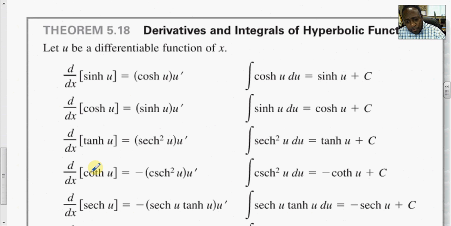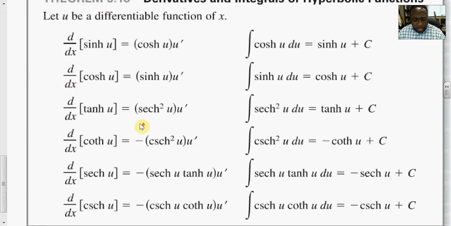However, for the basic 3, hyperbolic sine, hyperbolic cosine, hyperbolic tangent, those derivatives are positive. And then for the other 3, hyperbolic cotangent, hyperbolic secant, hyperbolic cosecant, those derivative results are negative.